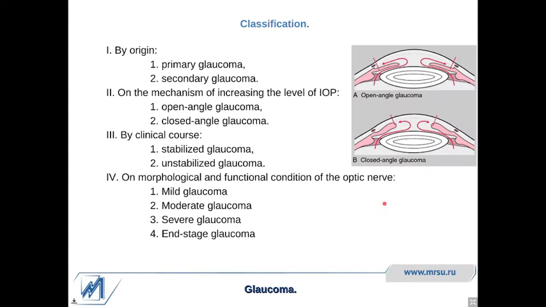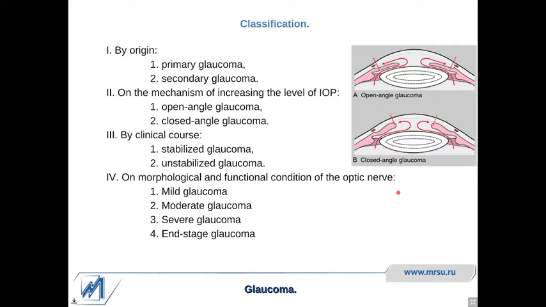About the classification of glaucoma. There are different variants of it. First of all, by origin. There are two variants, primary glaucoma and secondary glaucoma. The second variant of classification is due to the mechanism of increasing the level of IOP.